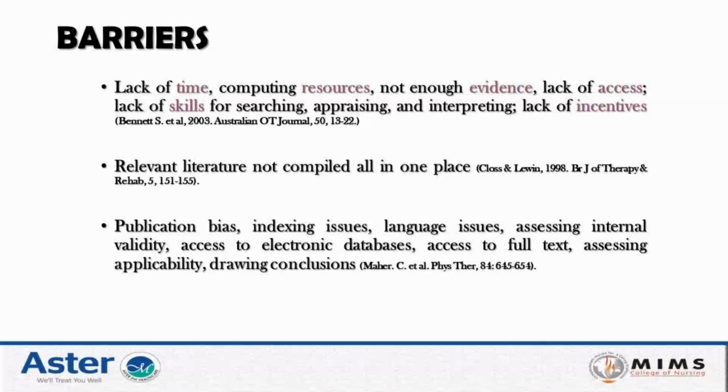Not all published articles have quality and credibility. All this affects publication bias, and English being the universal language, people use English, and some of the best studies might have been published in local languages. All this may lead to bias in finding a systematic review.